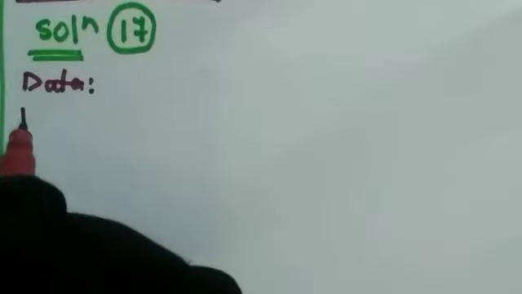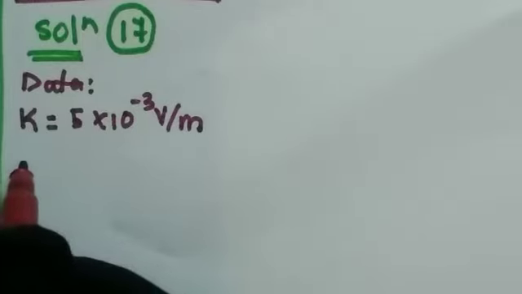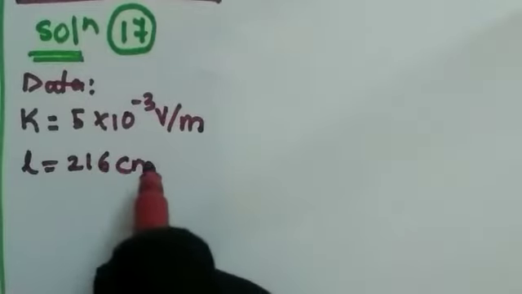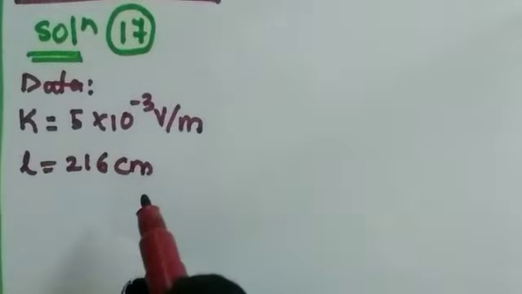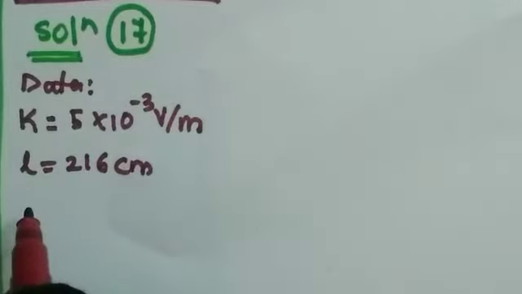here you have been given potential drop, that is K, as 5 into 10 raised to minus 3 volt per meter, and its balancing length, that is L, is given as 216 centimeter, and nothing else is given, and we have to find the EMF of the cell.